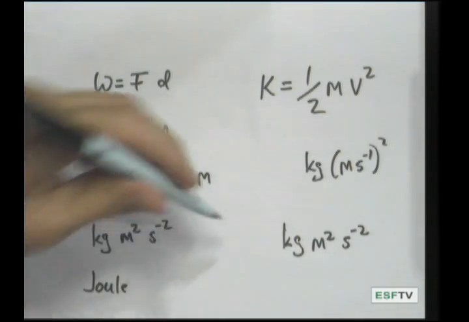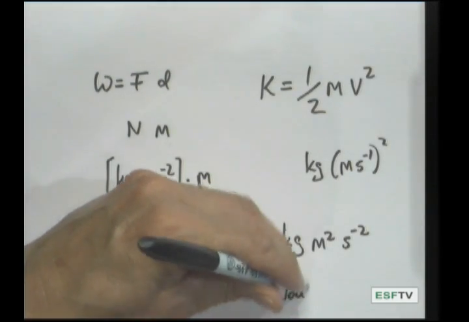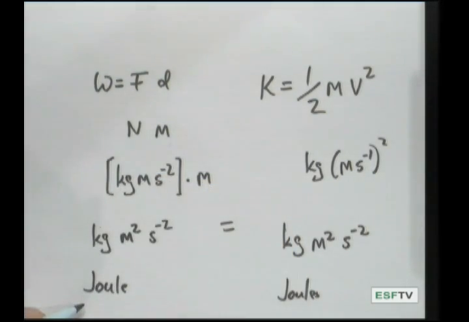And of course, the units calculated from Newton's definition and the units calculated from matter and motion are identical. The units of kinetic energy are joules, just as the units of work as defined by Newton would be a joule. Dimensionally, they're identical. Now, the question is, is that coincidence, or is there some fundamental relationship that actually makes these two units come out the same?